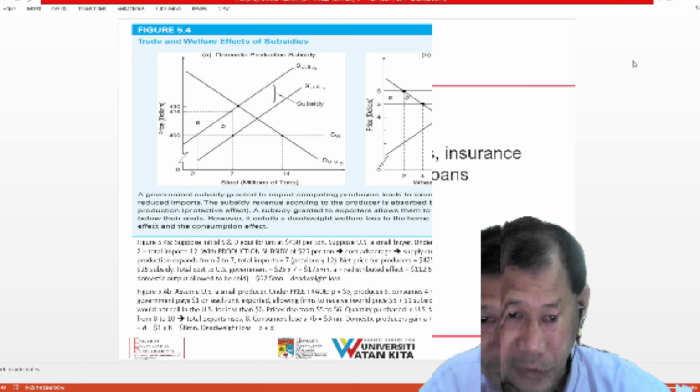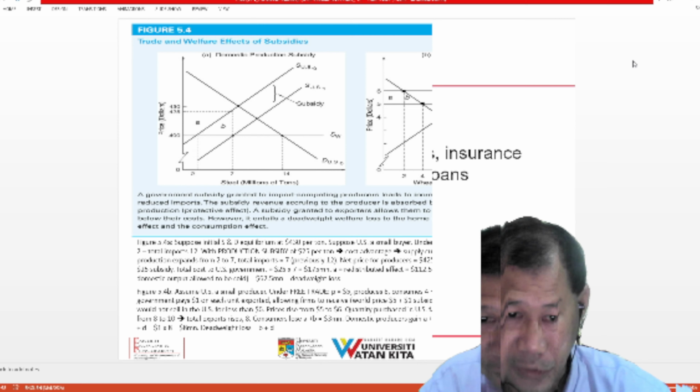Or total production here, which is 25, the subsidy, times 7. So A, now consumer has lost. A is a redistributive effect from consumers to suppliers, to the producers.